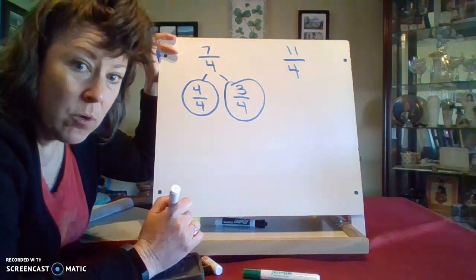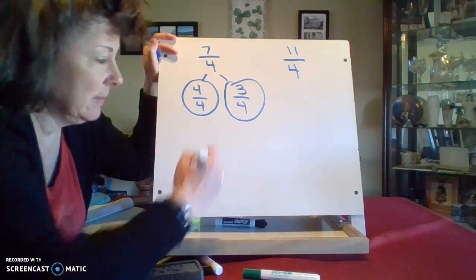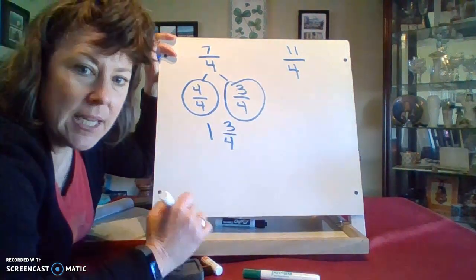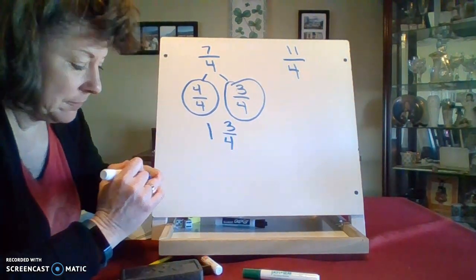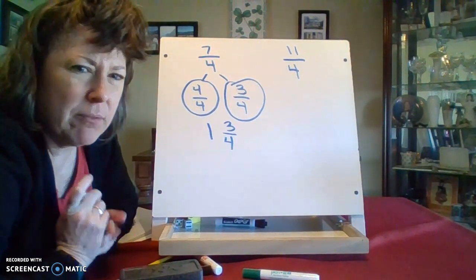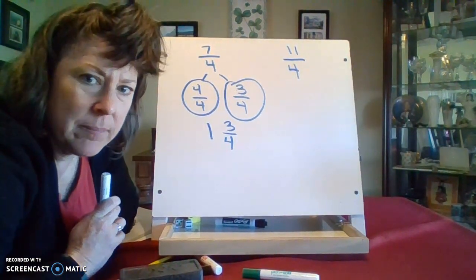So 7/4 as a mixed number is 1 3/4. But now think about 11/4, that improper fraction, 11/4.